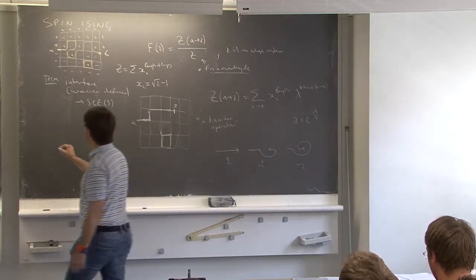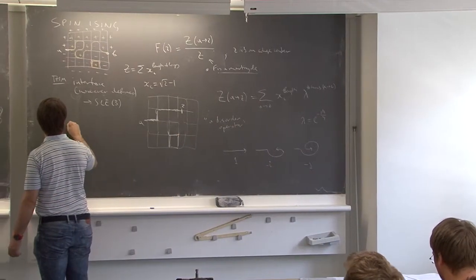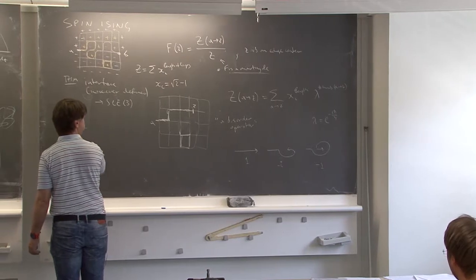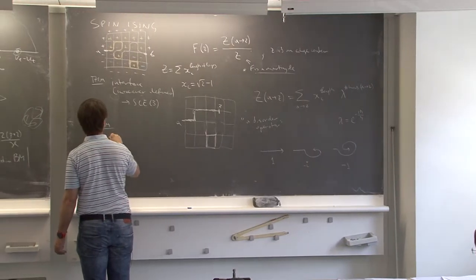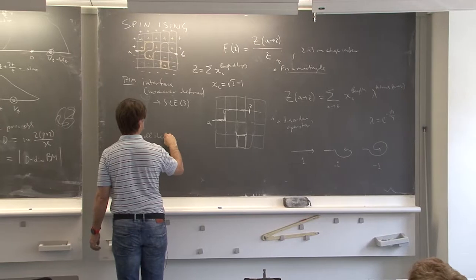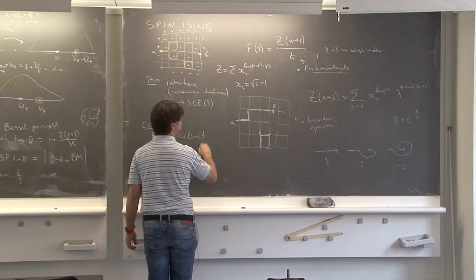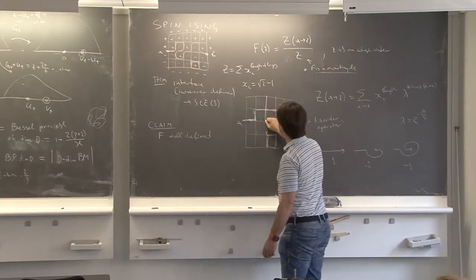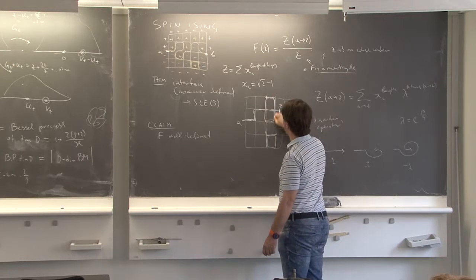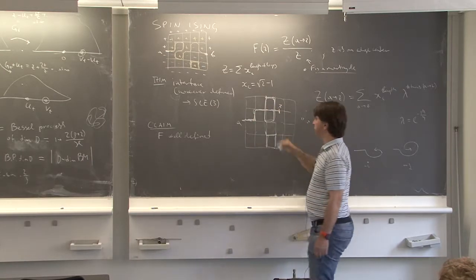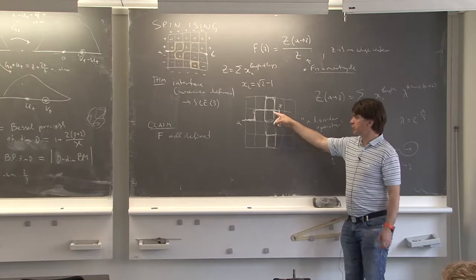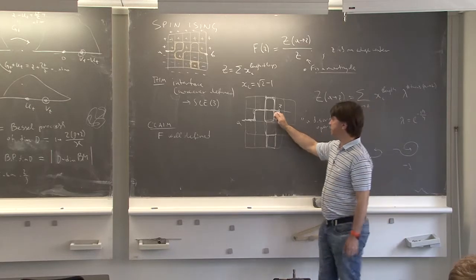So there are a few claims. So first, this function f is well defined. Well, why well defined? Why do I ask? Because I can have a picture like this one on this board. And this picture, you can draw it differently as a collection of loops.